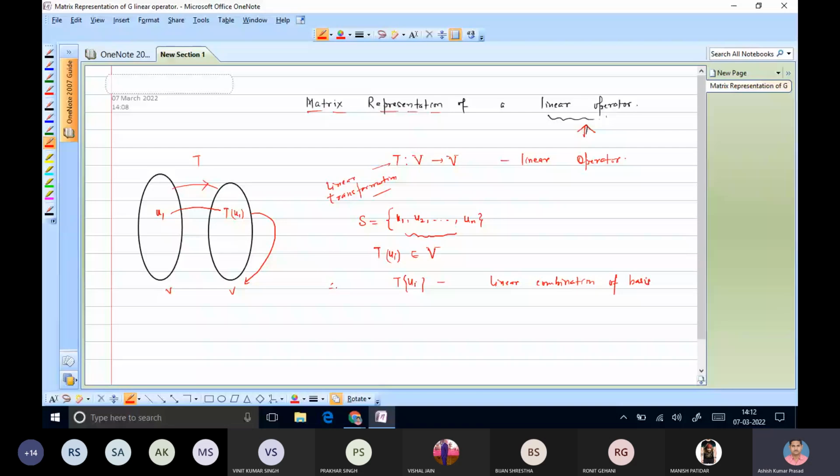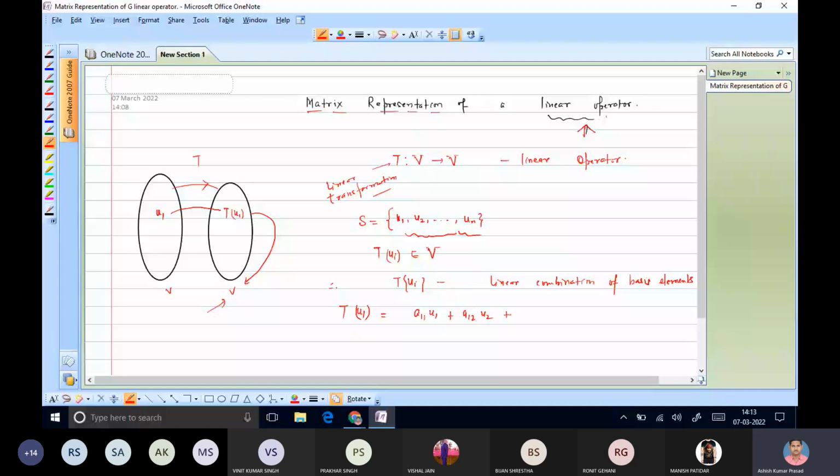Suppose I choose U1, so TU1 is a member of V. Because S is a basis, V is spanned by S, meaning every element of V can be written as a linear combination of UI. So I will write this as A11 U1 plus A12 U2, and in this way up to A1n UN.